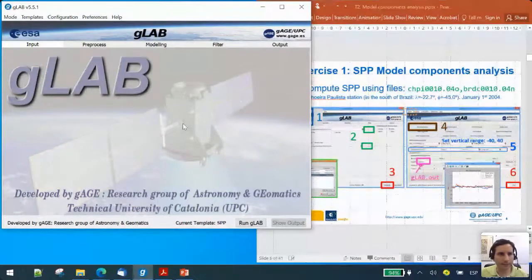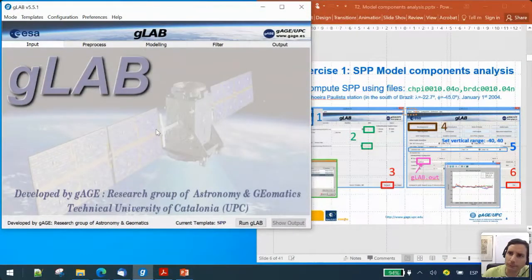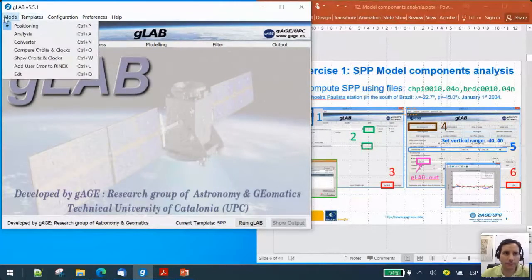The GLab tool is multi-purpose. You can do many things. The different things that we do in the tool are separated in modes. We have the positioning mode, which is what we will be using today. So we use the tool to compute a position.